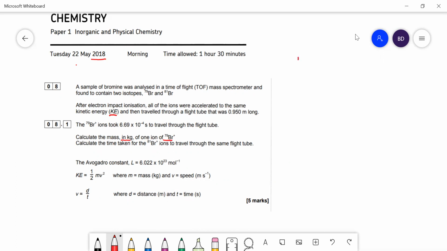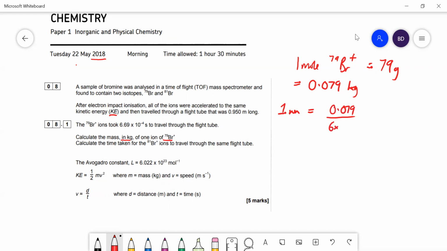So we're going to say 1 mole of those ions, 1 mole of 79Br, that's going to have a mass of 79 grams. We need to convert that into kilograms, so that divided by 1,000 is equal to 0.079 kilograms. That's the mass of 1 mole, so for 1 ion, we need to divide by the Avogadro constant, 6.02 times 10 to the 23 ions in 1 mole.